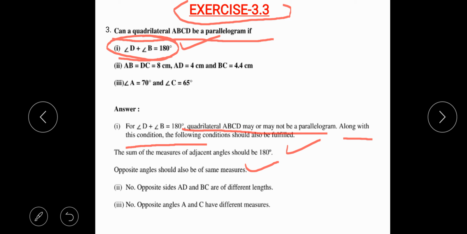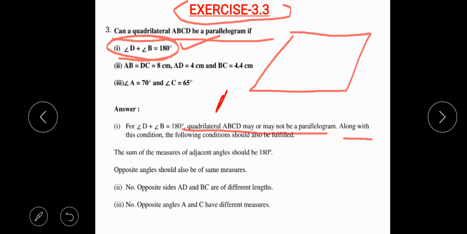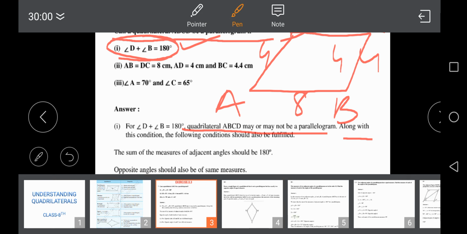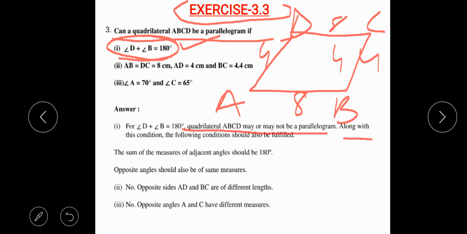Now let's look at the second condition. AB is equal to DC is equal to 8 centimeters. See, if you have a parallelogram like this one, with AB and CD given, both 8 centimeters, and AD is equal to 4 and BC is 4.4. Such a parallelogram is not possible because here the opposite sides are not equal.